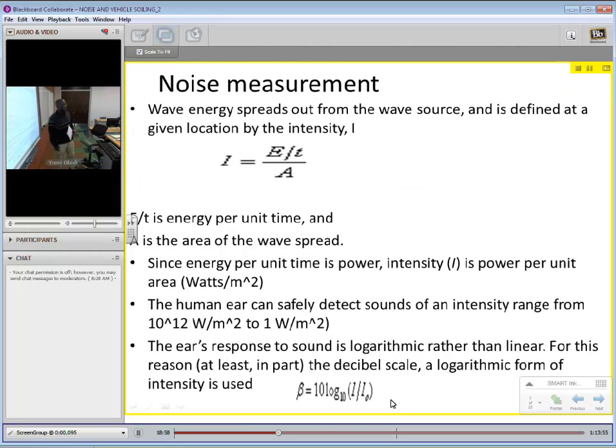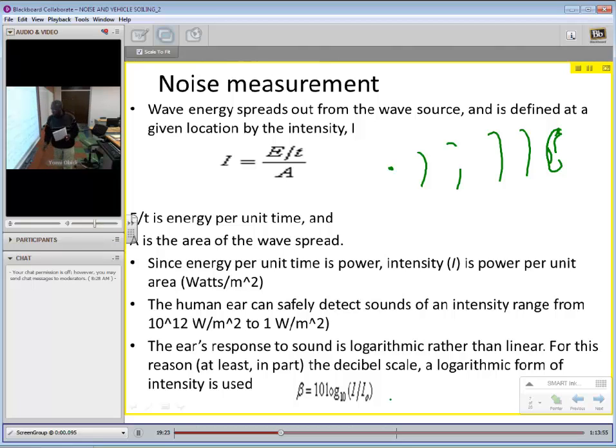Noise measurement. Noise is a form of energy. It's wave energy, and it spreads out from the source and goes to the receiver. It starts from a bang or something and reaches the receiving ear that hears it somewhere there.